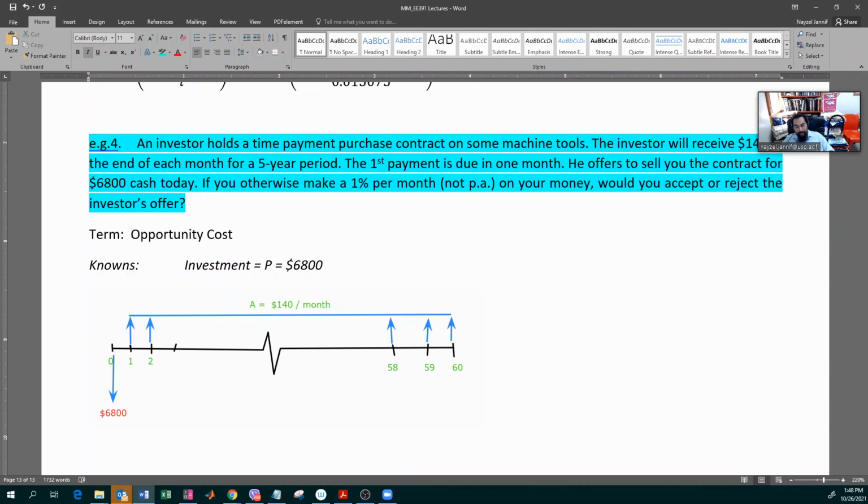Our interest rate is equal to 1% per month, compounded monthly, let's say. All right, 1% per month. And our A is equal to 140 per month. Okay, that's our knowns.